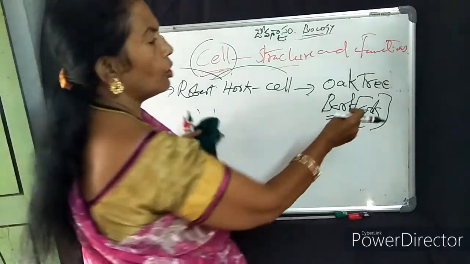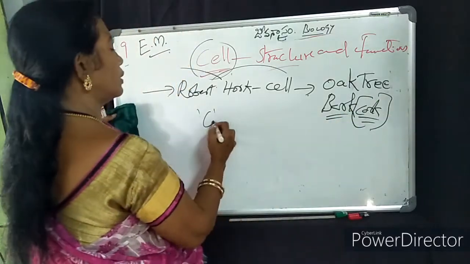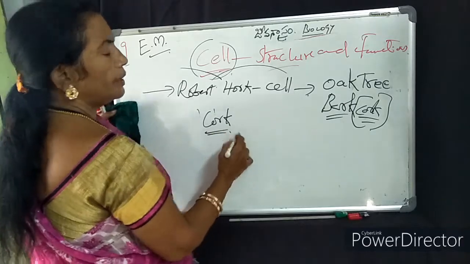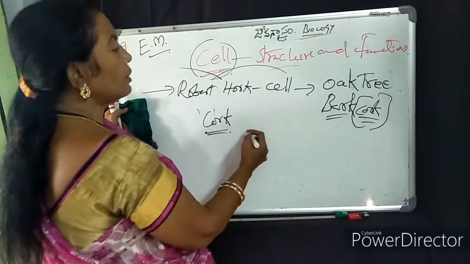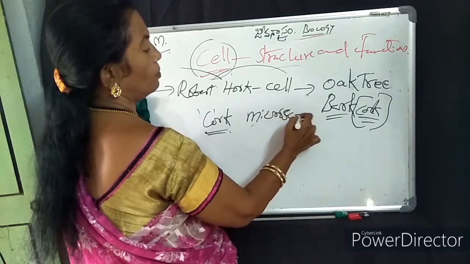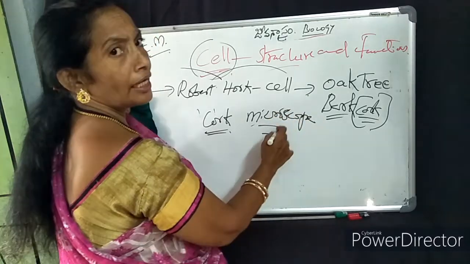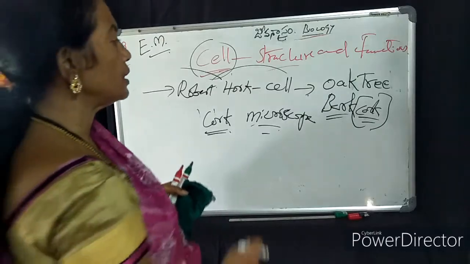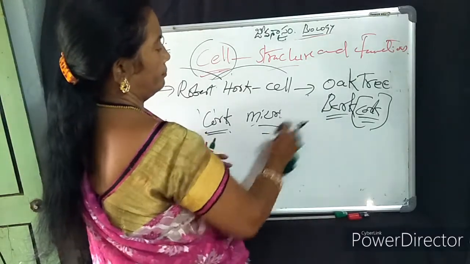a peel of oak tree's cork. He has observed it in a microscope. Microscope means we can observe microorganisms with this lens.